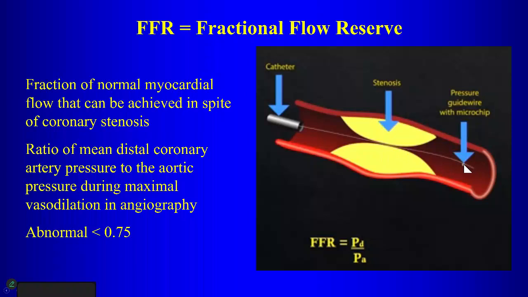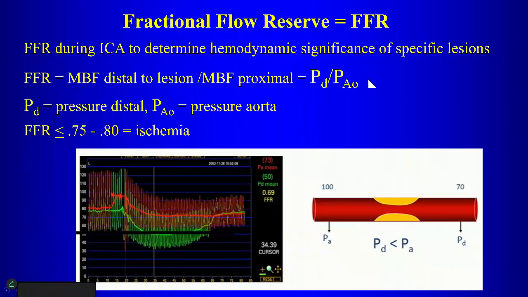Then under the conditions of maximum vasodilation, the pressure distal to the stenosis is compared to the pressure in the aorta. That's considered abnormal if the ratio is less than 0.75. That means that under the condition of maximum vasodilation, this lesion is significantly physiologically obstructing the flow distally. So that's a physiologic measurement of the significance of the stenosis, and that's called fractional flow reserve.